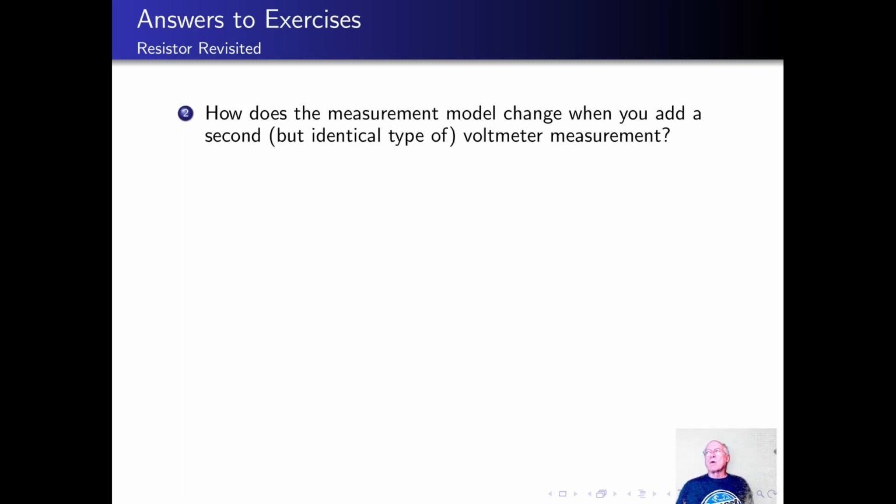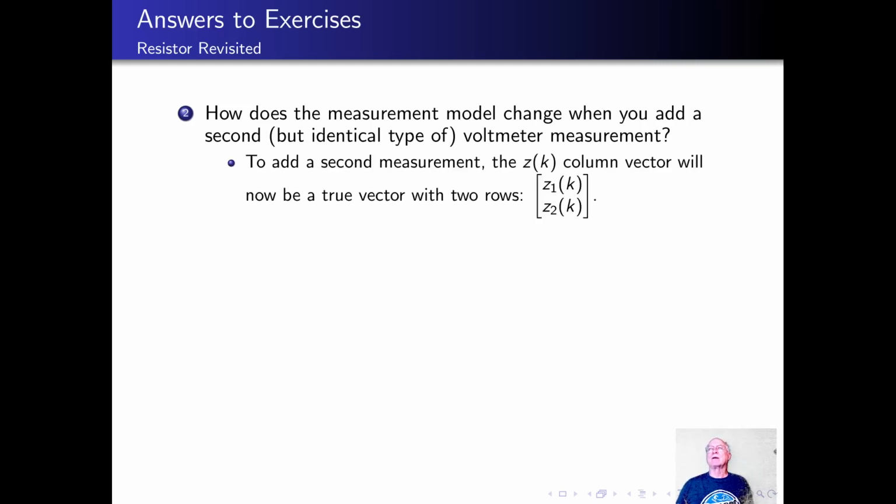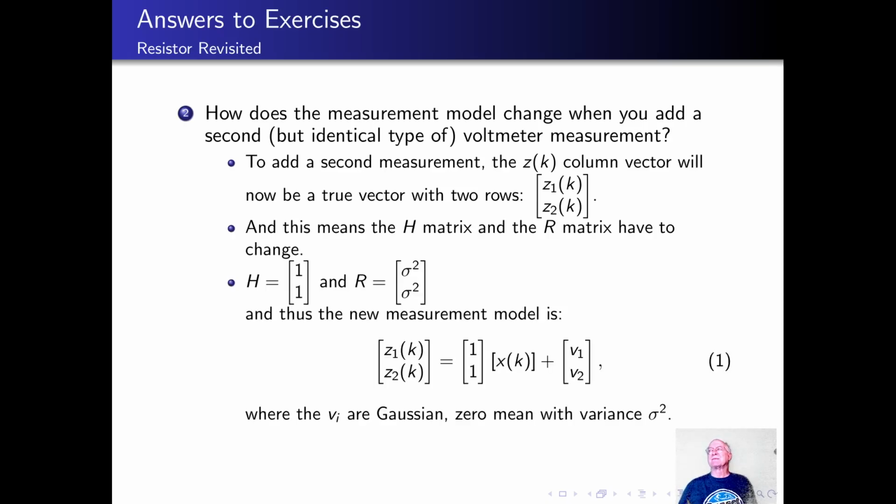So the second problem was to change the measurement model by adding a voltmeter identical to the first one. So to do that, you need to change the Z measurement vector to be a column vector with 2 rows. And you need to change the H and the R matrices so that you've got H looking like this, where you have the 2 rows in 1 column with a 1 in each position.